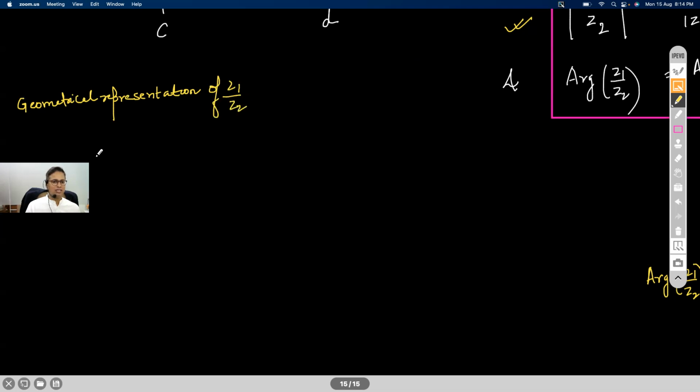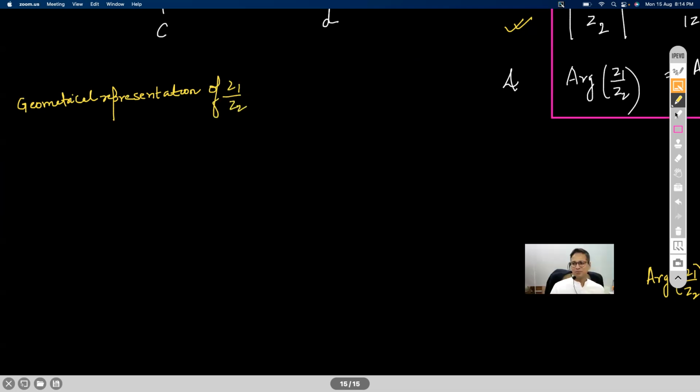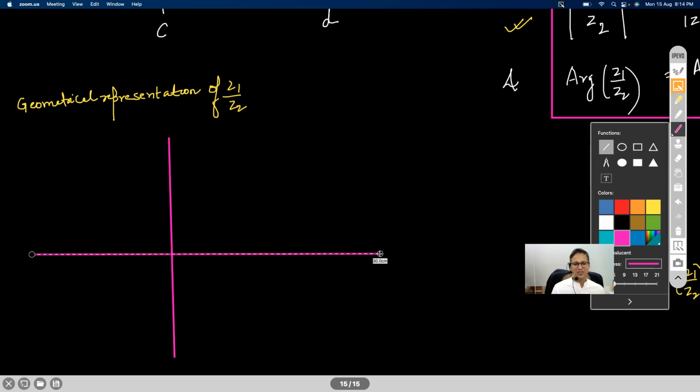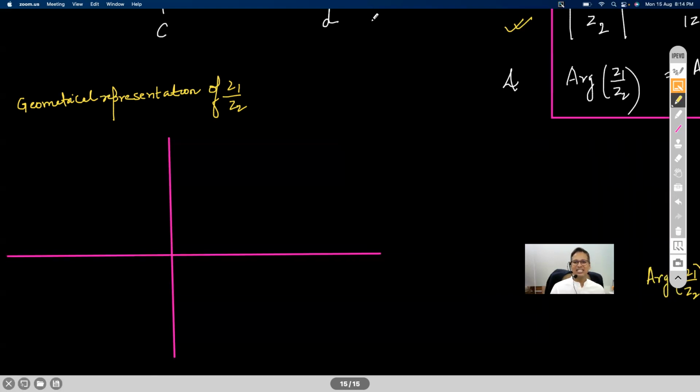I will not prove it here, but I'll give you an idea how to locate Z1 by Z2. Obviously, I would leave this as homework for you to verify. So please verify this when you are looking at this note. Please prove it.